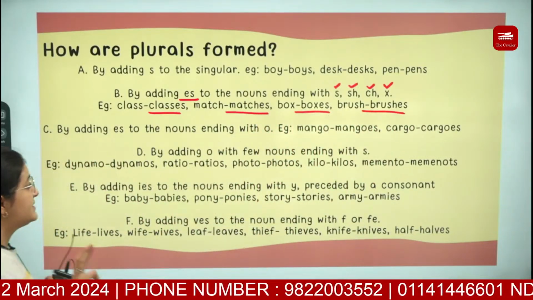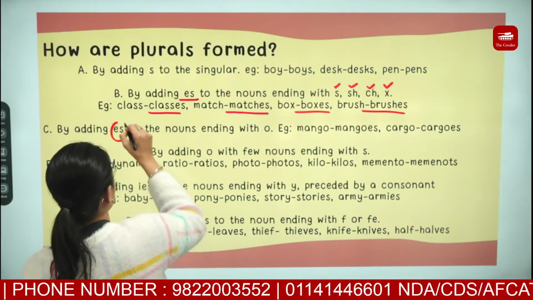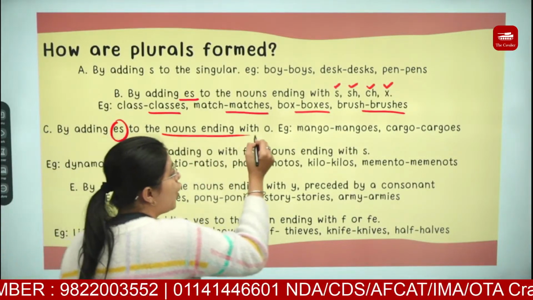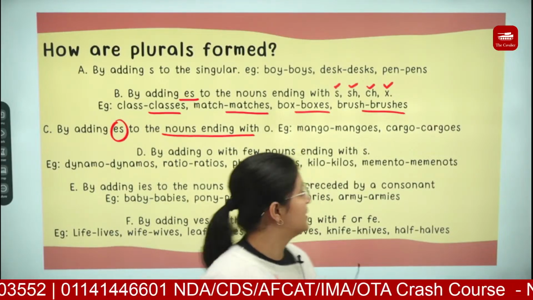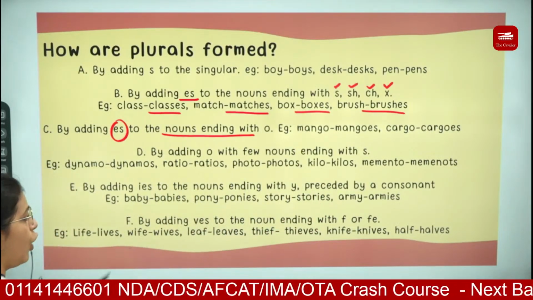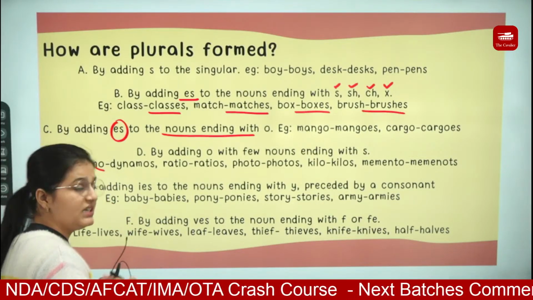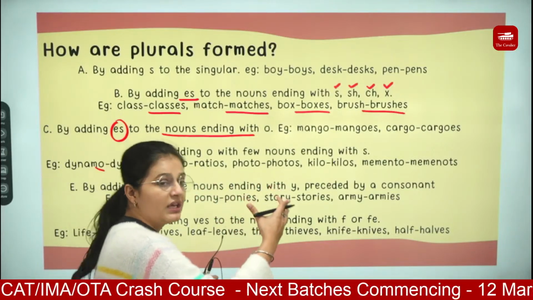Okay. The second type is when nouns are ending with o, where we add es. For example, mangoes, cargoes. Alright, अब कुछ और noun भी होते हैं जो o से end होते हैं लेकिन उनके साथ es की जगह s लगता है. Photos, ratios, kilos.